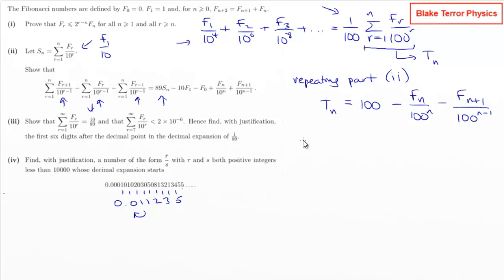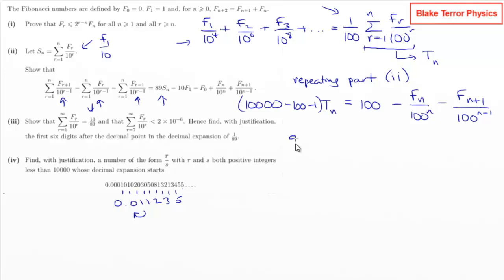So what is my Tn going to be on this? I would have pulled out 2 lots of 100 out of here to get that up to power. And then that will be 1 lot of 100, and that will be a 1. So that's going to be 100 times 100 minus 100 minus 1. So 10,000 minus 101.